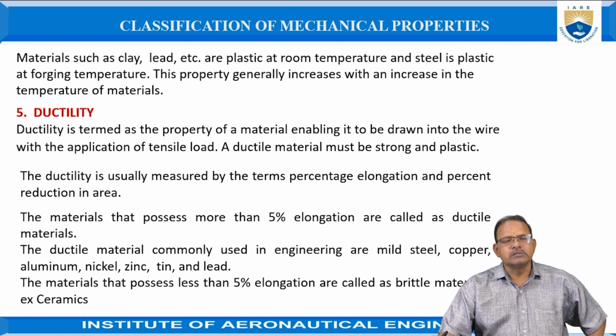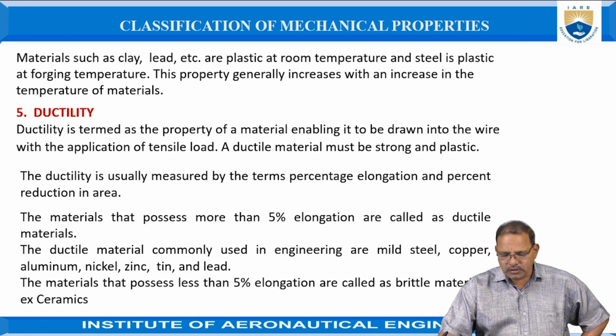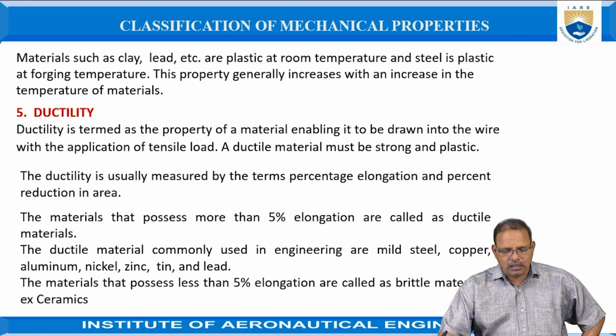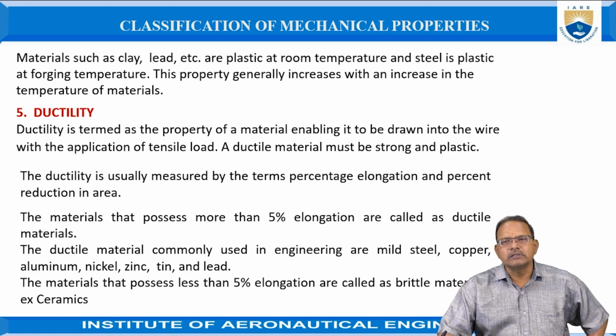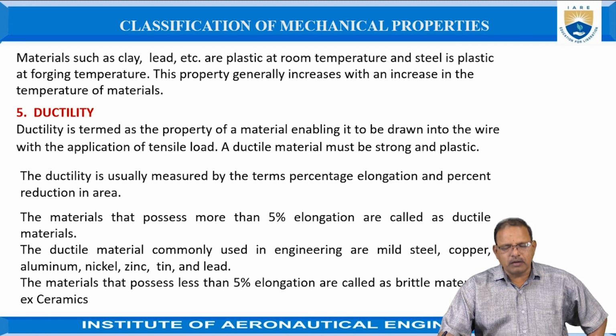Materials that possess more than 5% elongation are called ductile materials. If the elongation is less than 5%, that material is called brittle material. The ductile materials commonly used in engineering are mild steel, copper, aluminium, nickel, zinc, tin, and lead.